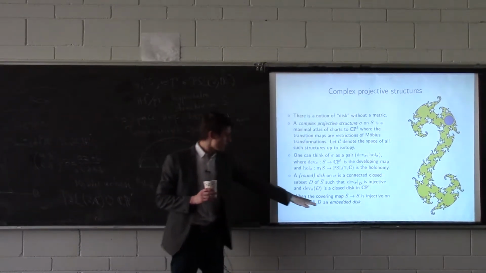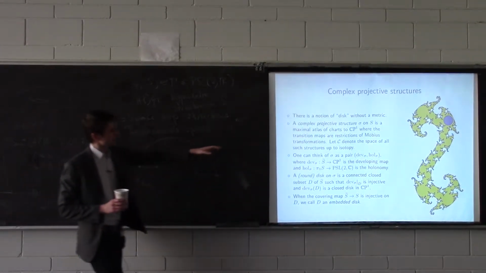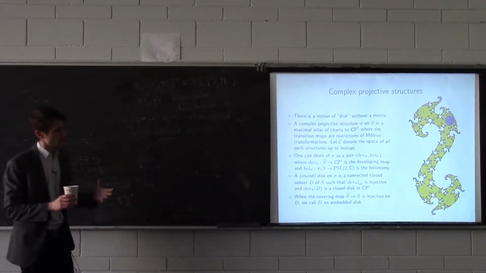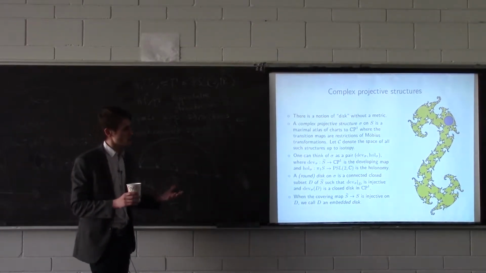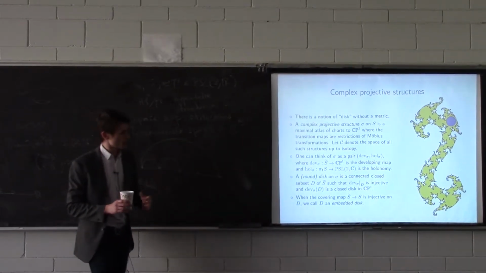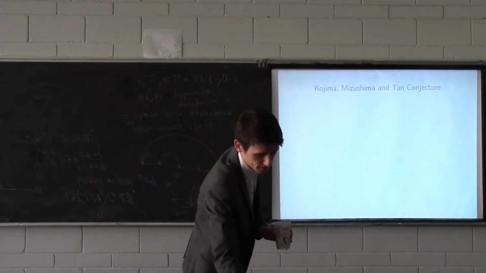And we know about embedded disks, so if we look at a finite collection of embedded disks on complex projective structures that are all tangent with nice complementary regions, we can extend the notion of circle packing from hyperbolic metrics to complex projective structures. And so we can ask, what do those things look like?